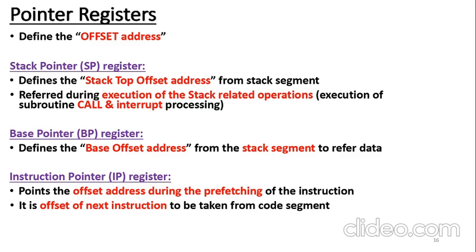In a very specific manner, the instruction pointer defines the offset of the next instruction, which is to be taken from the code segment, which will be filled within that queue from the top side, and later on it will be taken from the bottom side of that queue by the execution unit for the execution purpose. So these are the three pointer registers which are available in case of the 8086 microprocessor here.